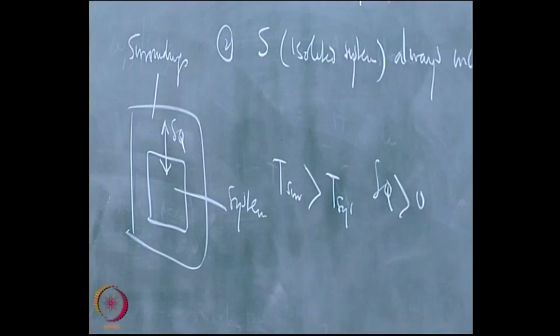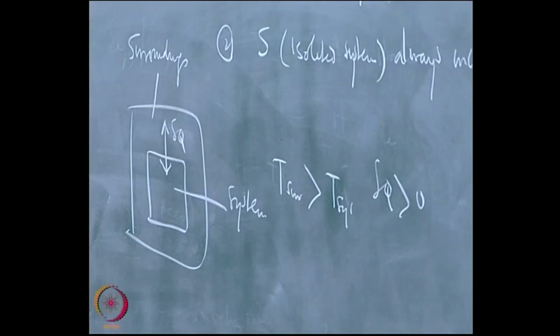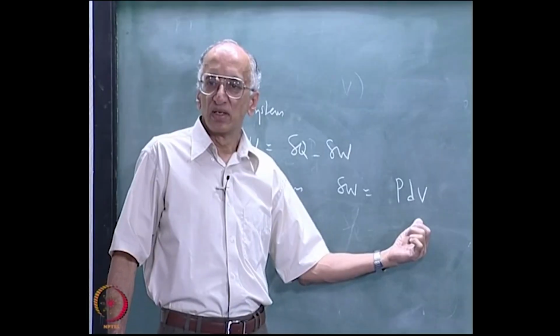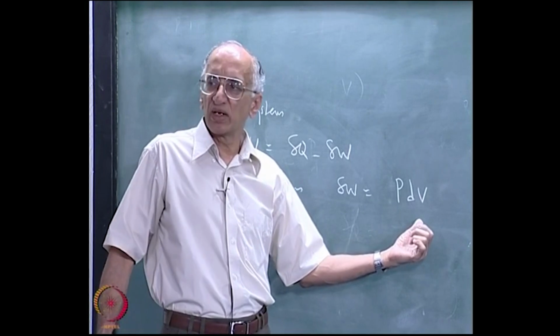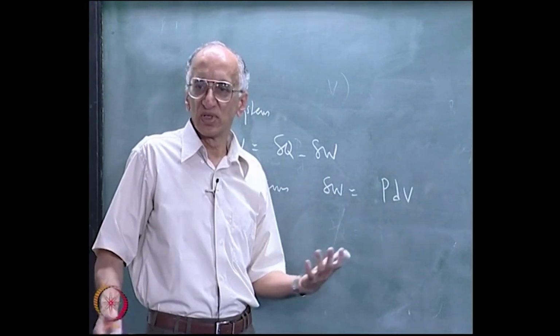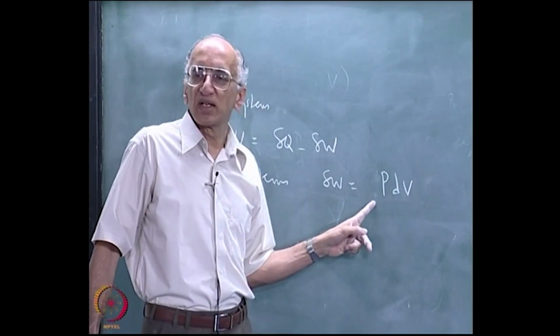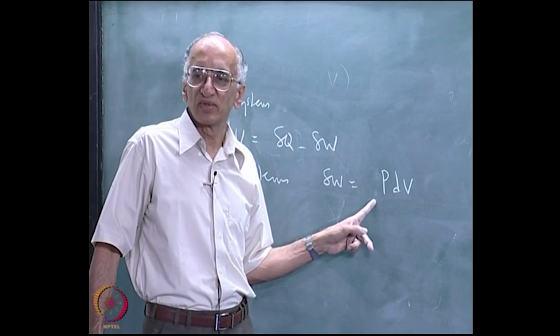The convention I use is that if heat is absorbed, it is positive. If work is done by the system, it is positive. The new books have an opposite convention. Work done on the system is taken as positive, so mine would be delta W is equal to PdV according to the new IUPAC convention. It is not really new, it is more than 20 years old, but lots of books use either convention. The convention is that anything that increases the energy of a system is positive.